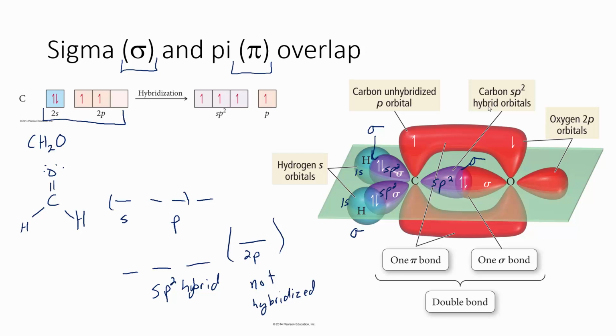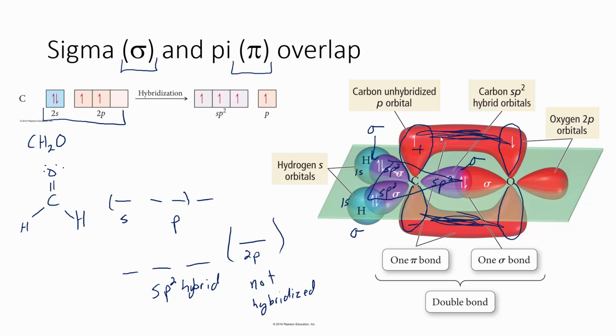Now the p orbitals, which stick up from the carbon, up and down, so this is the positive and negative aspect of it, can interact with the p orbitals on the oxygen. So this overlap stretches across above and below the plane of the trigonal planar arrangement of sp2 orbitals and gives us a second bond.